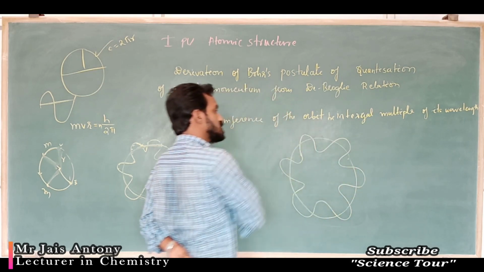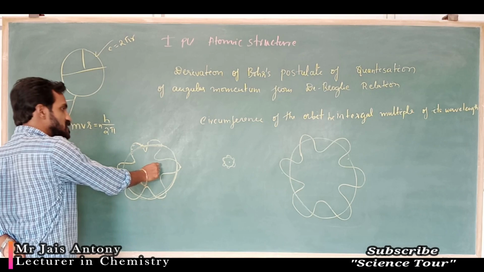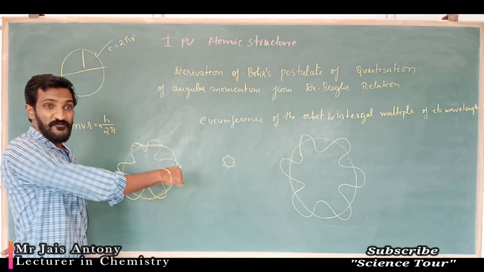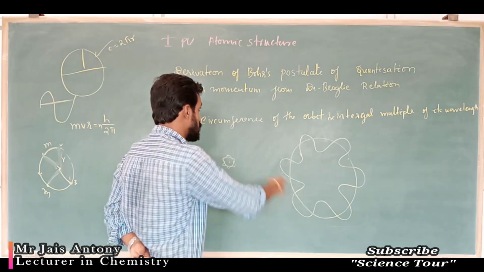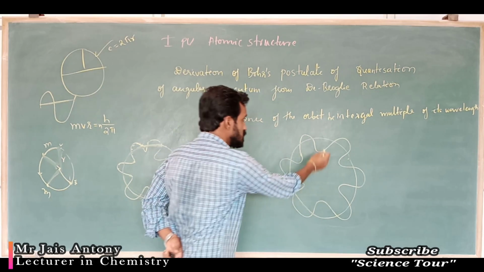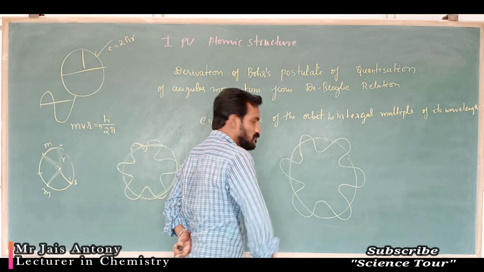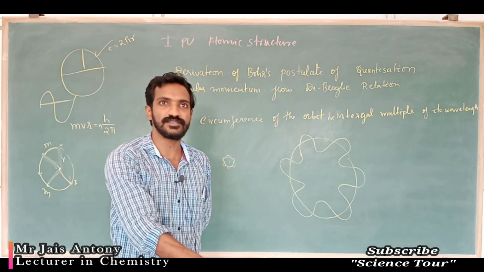So the circumference increases. Here the circumference is smaller, here the circumference is medium. What does the circumference depend on? See, the circumference of the orbit. That movement is considered as orbital motion, because it moves in a circular path.